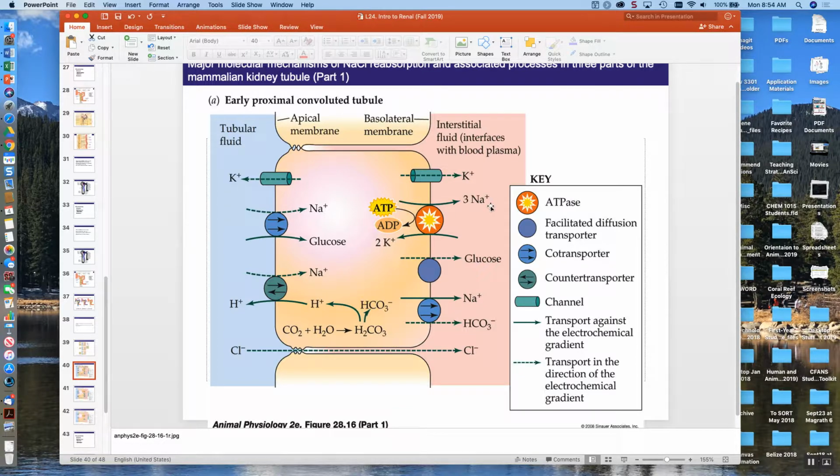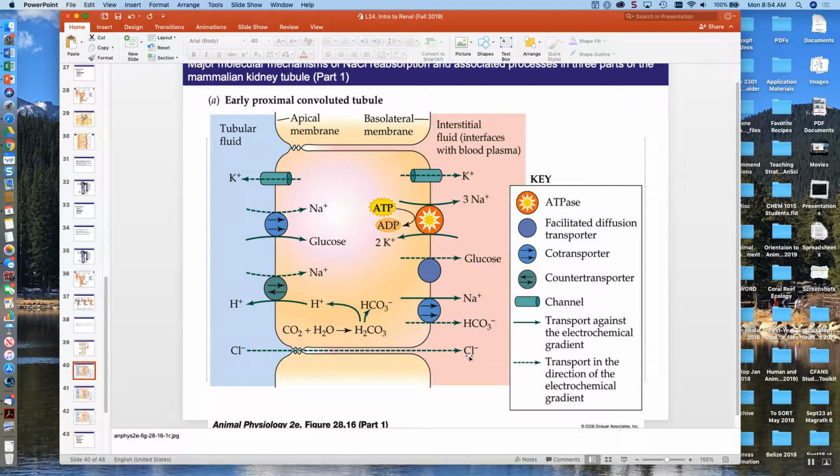It pumps sodium out. Now, this transcellular movement of sodium, reabsorption out of the nephron, sets up a voltage gradient for the movement of chloride to follow. Chloride's going to follow that sodium movement across the paracellular pathway.